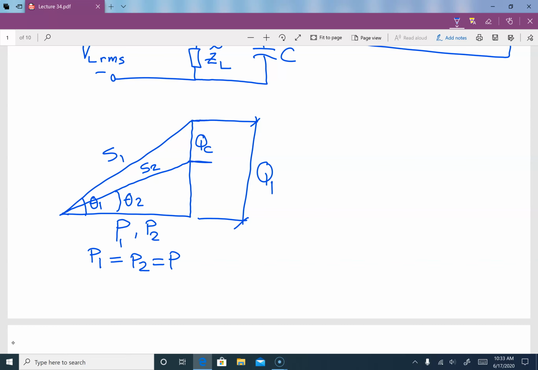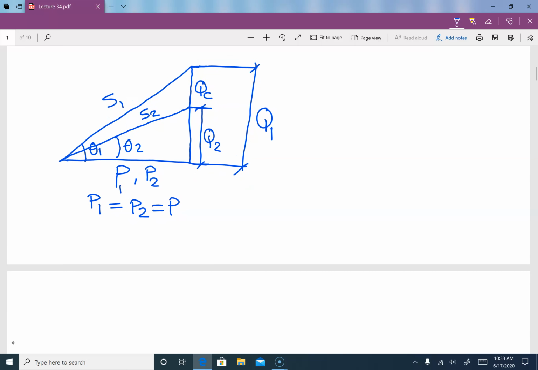Since this over here is S2 and this is P2, then this value from here to here is our Q2, which means that Q1 is equal to QC plus Q2, or we can say that Q2 is equal to Q1 minus QC.